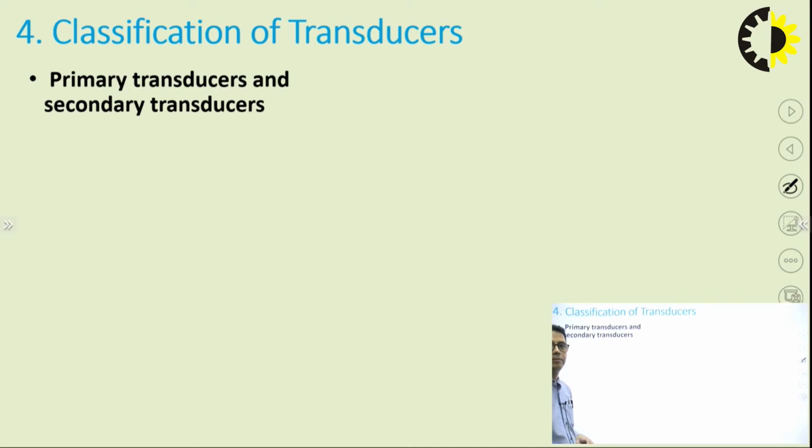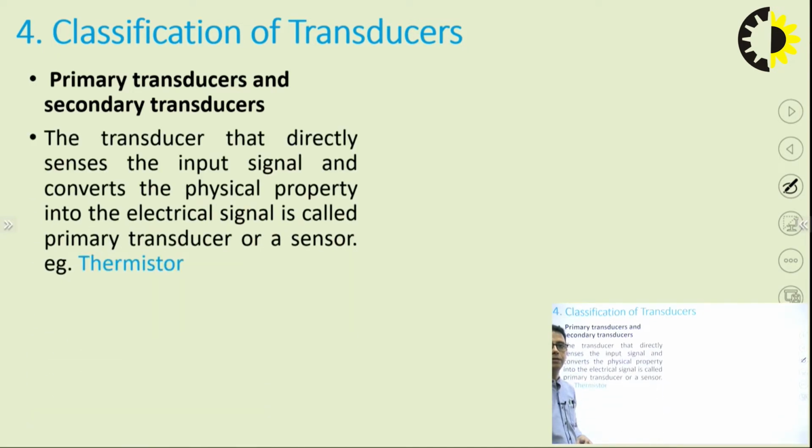First are primary and secondary transducers. Primary transducers directly sense the input signal and convert that physical property into an electrical signal. Basically these transducers directly convert a physical quantity into electrical without any intermediate stage, like our thermistor, RTD, thermocouple. All these are primary transducers. But secondary transducers are not like that.